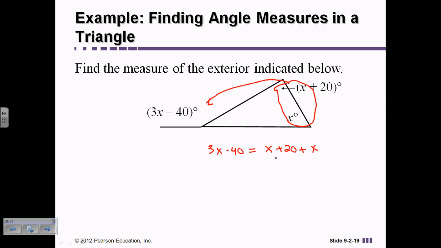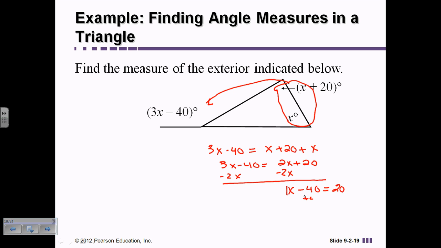I'm going to continue to solve that. So 3x minus 40 equals 2x plus 20. I'm going to subtract the 2x from both sides. Scoot over here a little bit. So I get x, or 1x, minus 40 equals 20.